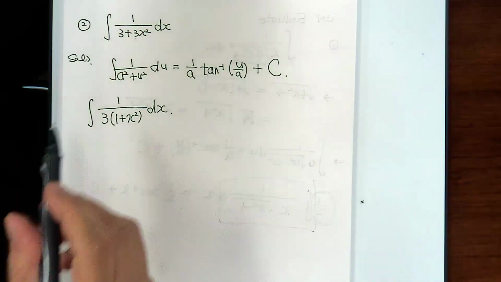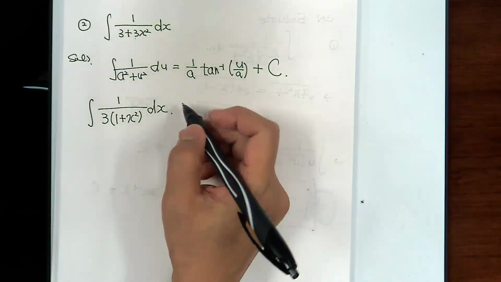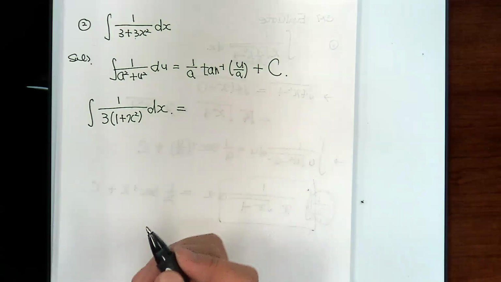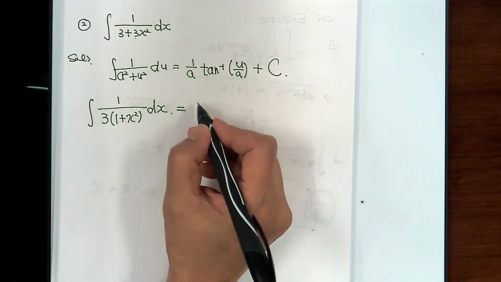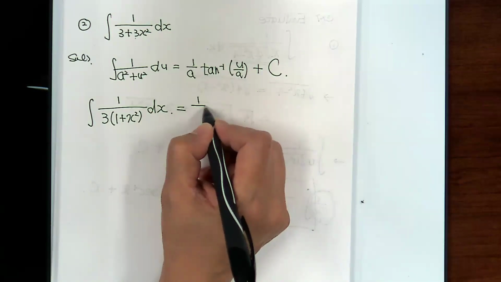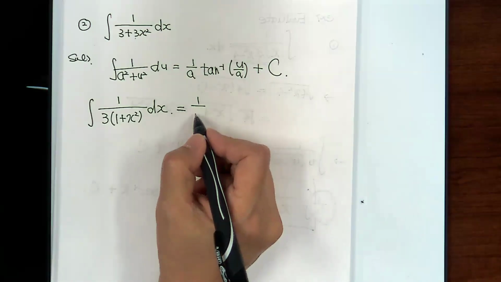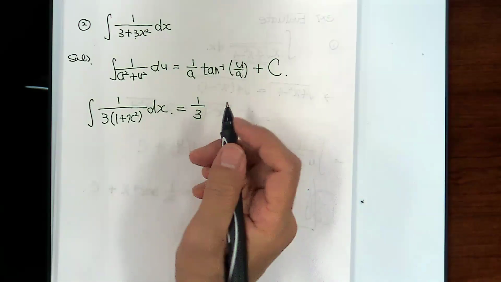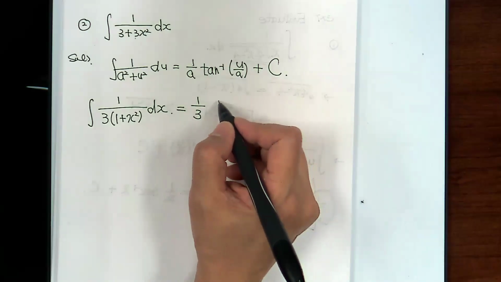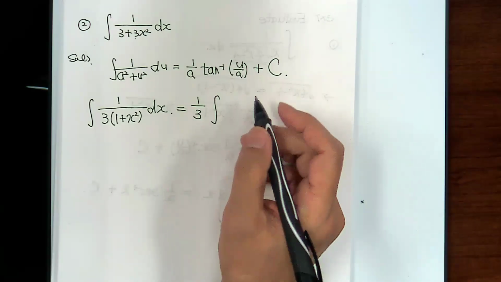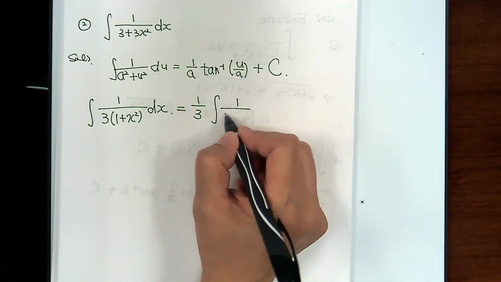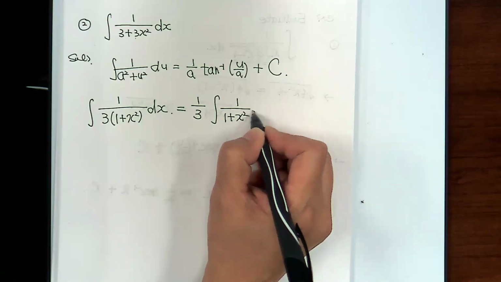But fortunately, those numbers are the same. So it's quite a simple integral. So we write 1/3 in front of the integration. So 1/3, 1 over 1 plus x squared dx.